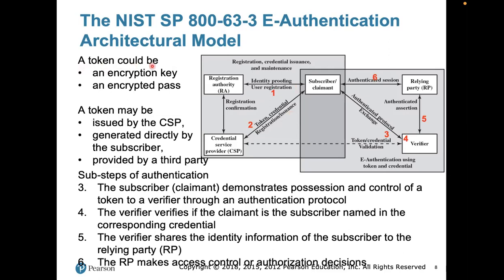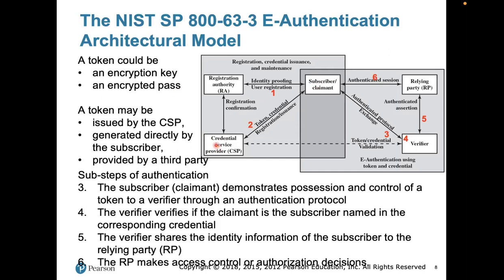A token could be an encryption key, or for example, an encrypted password, or whatever it is, something that the user possesses. After the subscriber provides the token to the CSP, the CSP binds it to some other things that it generates, and that's going to be the credentials.